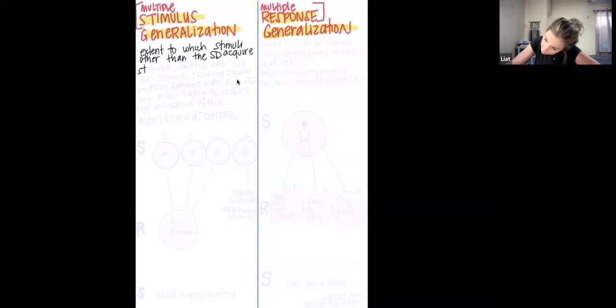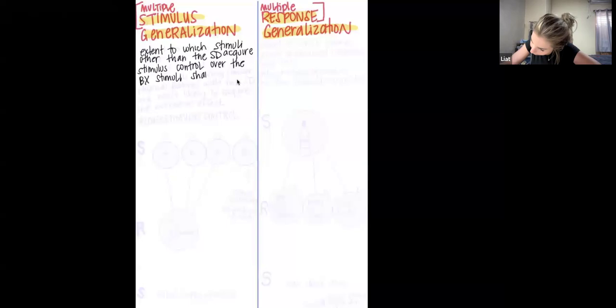acquire stimulus control. By the way, this is the Cooper definition, and that is why we give you these and then we break it down. Okay, I know Cooper is a lot more difficult to take in. So the extent to which stimuli other than the SD acquire stimulus control over the behavior.